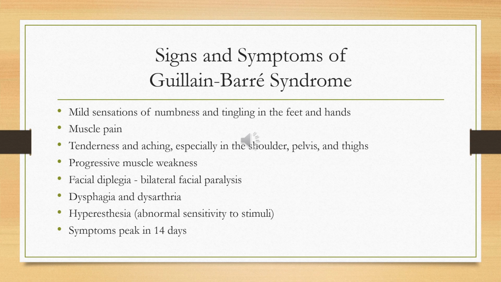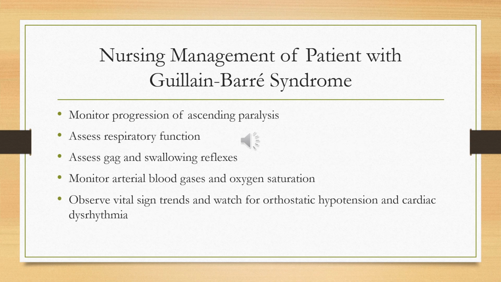So you want to watch for the ascending motor loss. You want to monitor the patient's vital signs and their level of consciousness. You want to monitor their respiratory function, make sure they're breathing okay.